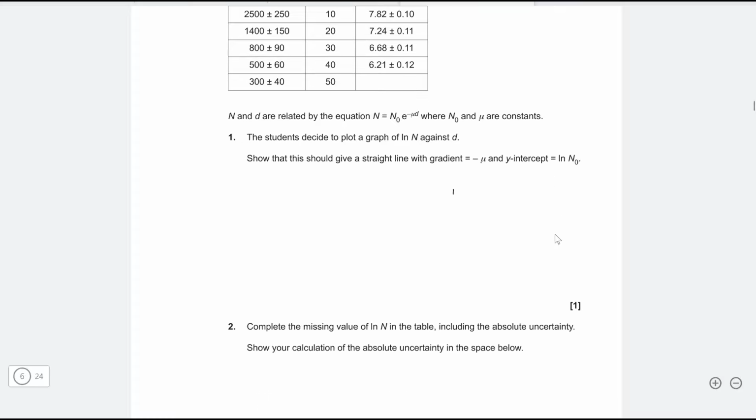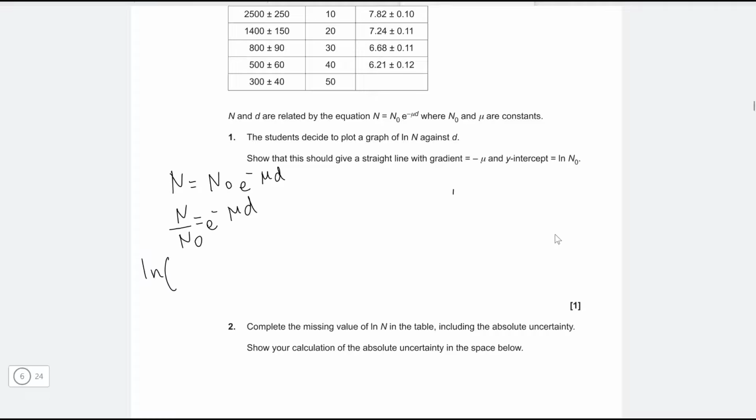Okay, well, let's do this. First off, I'm going to write down the equation. N is equal to N naught e to the minus mu d. Let's rearrange for the exponential. This is our first step, so it's going to be N over N naught equals e to the minus mu d. Let's take the natural log of both sides.